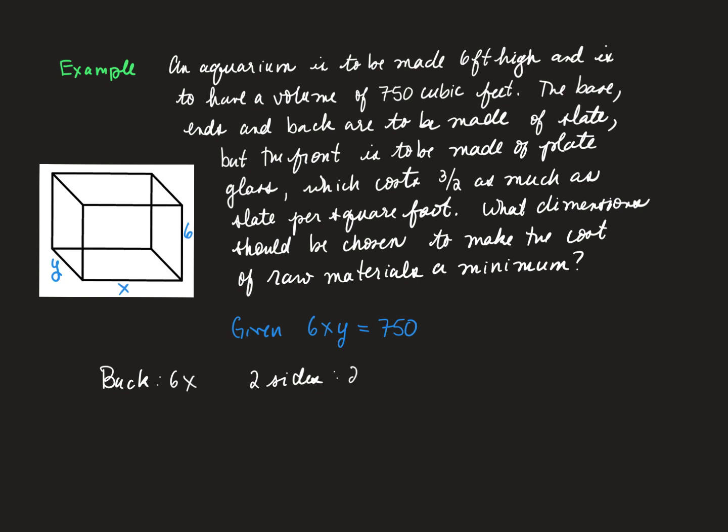So that's going to be 2 times 6y, or 12y. And then the area of the bottom is going to be xy. And then we have the front, which has area 6x.